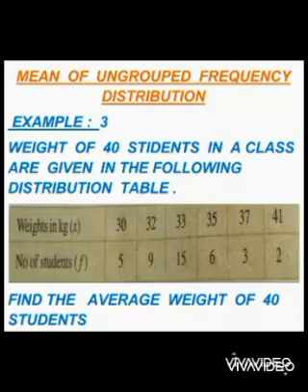Here you observe the table, children. Weight in kgs they have given 30, 32, 33, 35, 37, 41, and number of students, meaning frequency, they have given 5, 9, 15, 6, 3, 2. You have to find out the average or mean weight of 40 students.